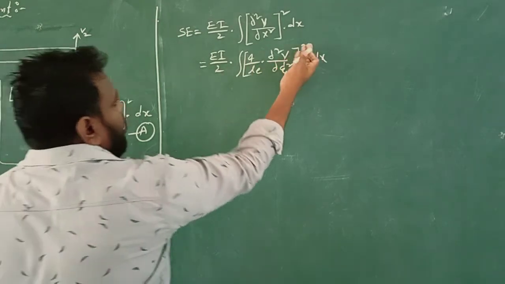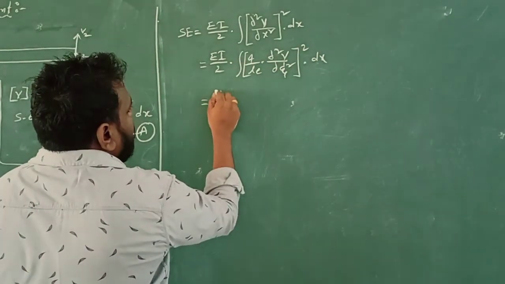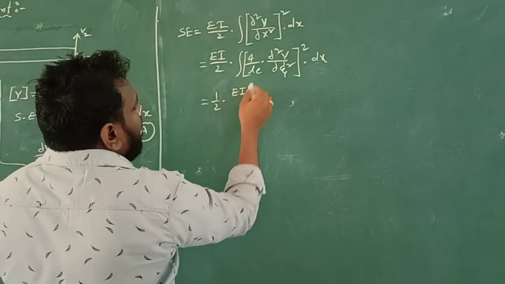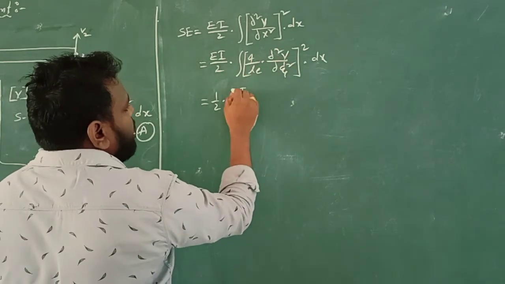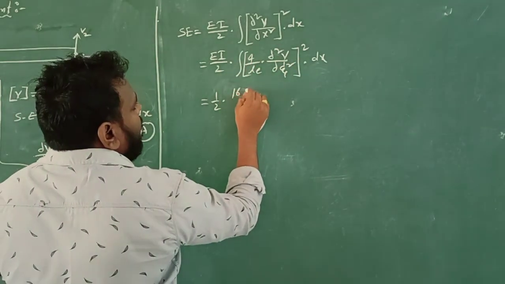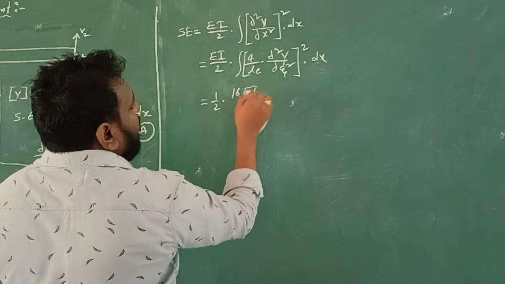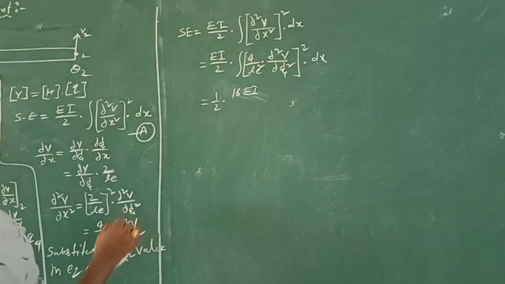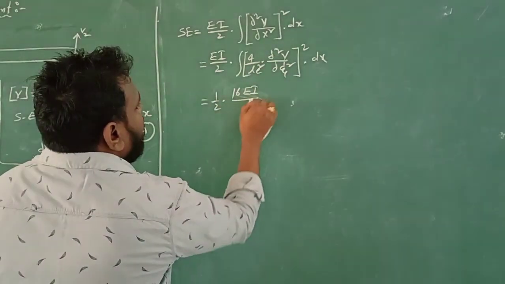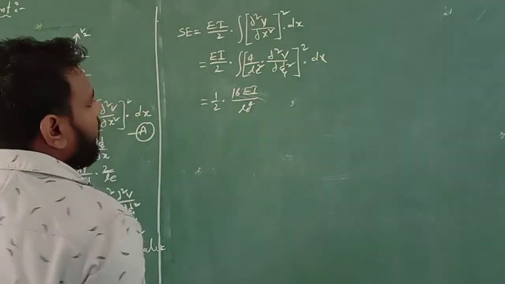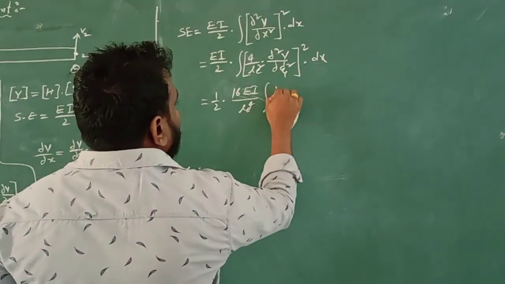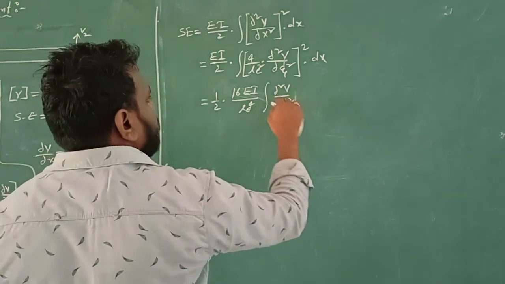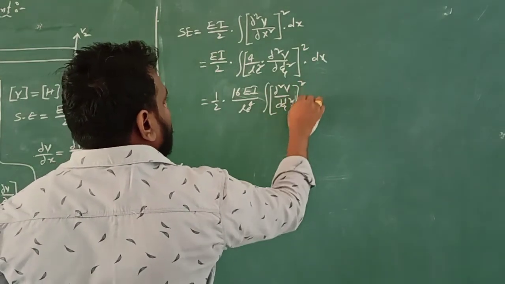Okay, so after squaring, 2 square, that is 16 EI/le power 4, integral of ∂²v/∂ξ² whole square into dx.